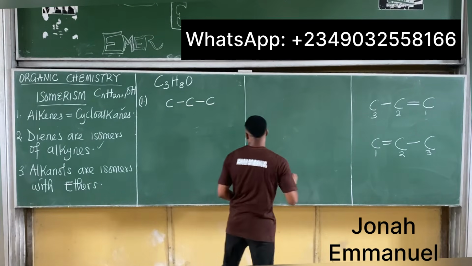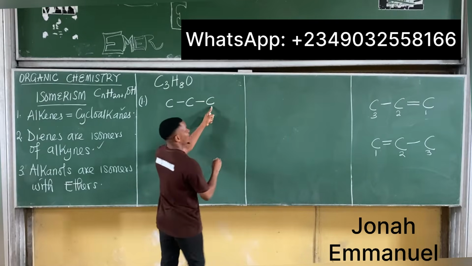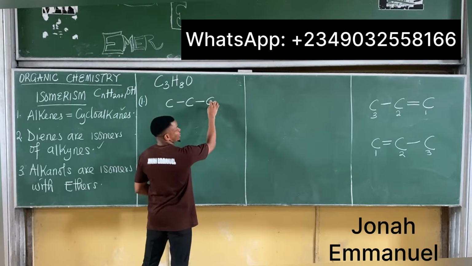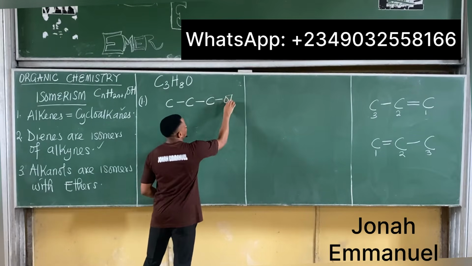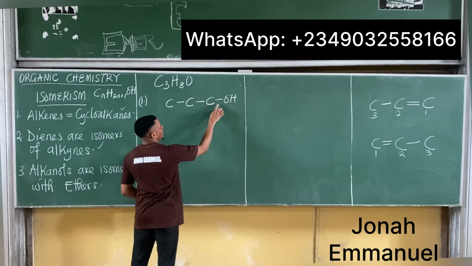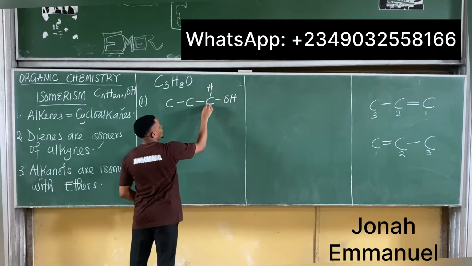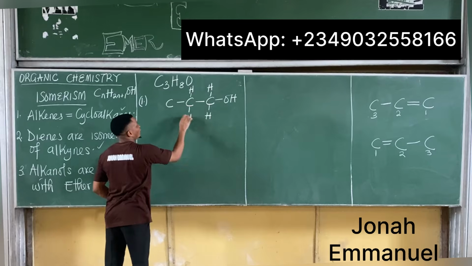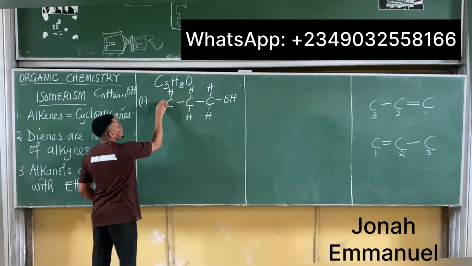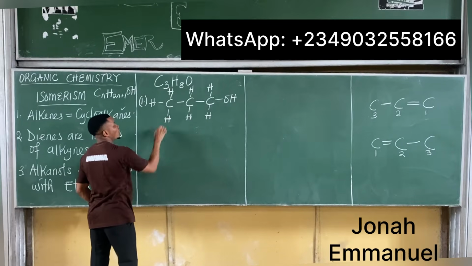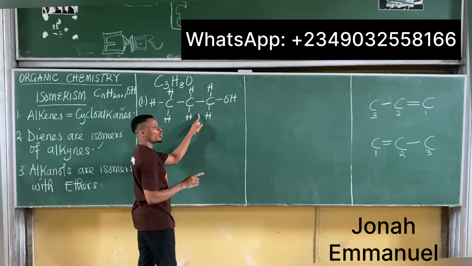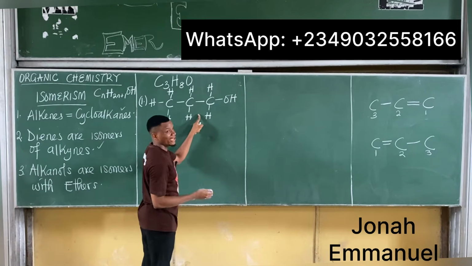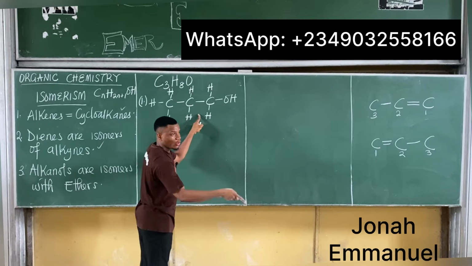What do I mean? For an alkanol, like this one here, if I now choose to put the OH at the extreme, this one here, and I now do 1, 2, 3, what I have here should be called not just propanol, but what there? Propan-1-ol.